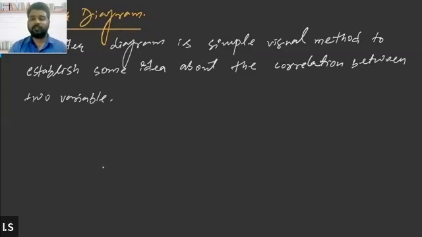But it helps us establish some idea about the correlation between two variables. You will be able to determine whether two variables are positively correlated or negatively correlated, and it will give you a fair idea of the extent, though not exactly.